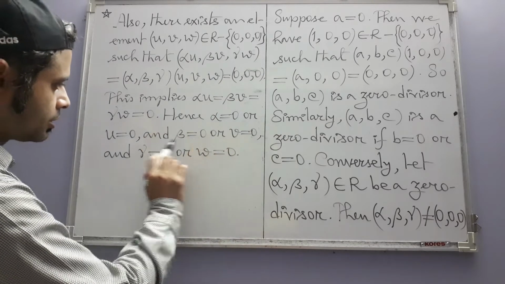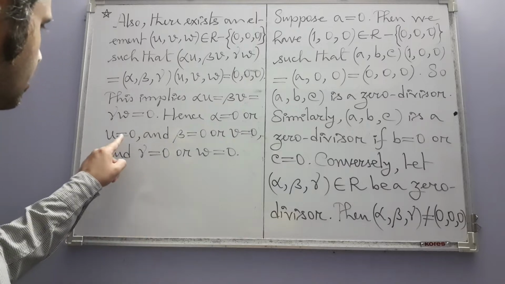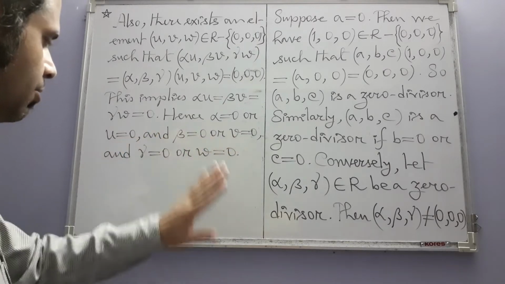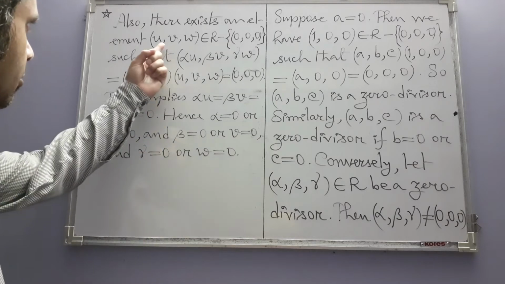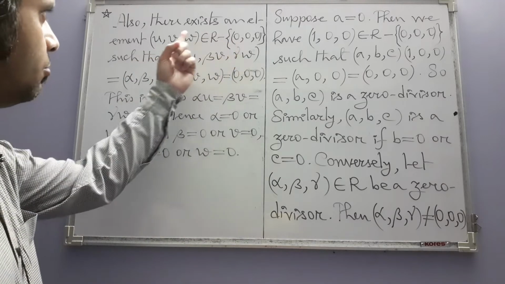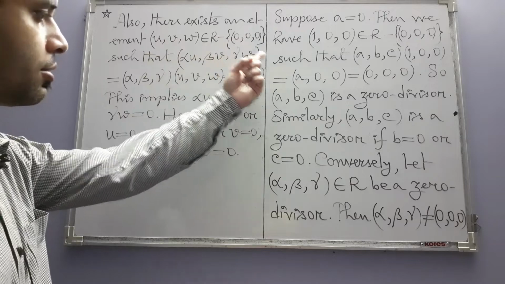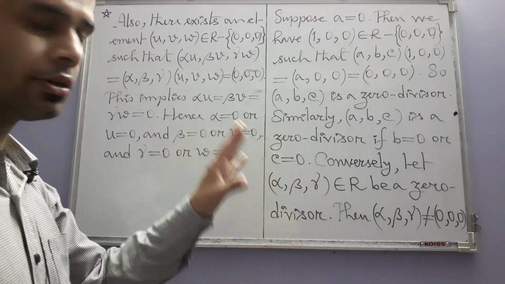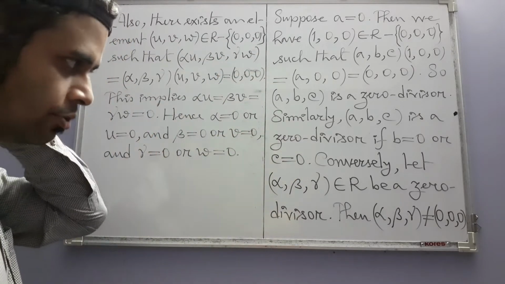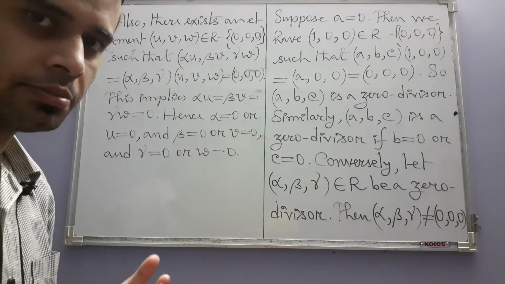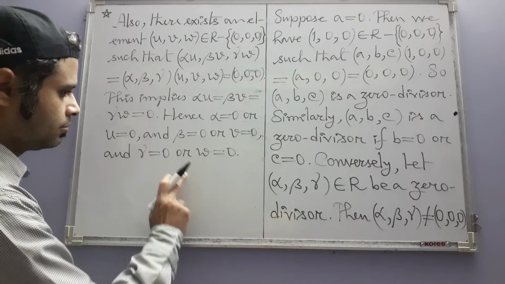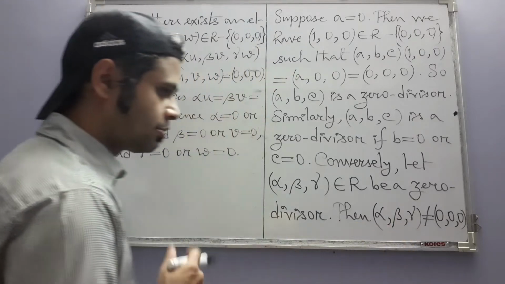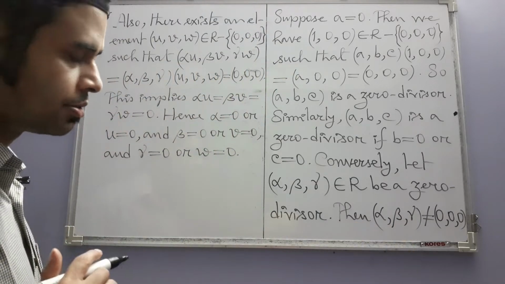Then these relations tell us that u, v and w must be equal to 0, all three of them. But that contradicts this condition, which says that this triple also, just like alpha, beta, gamma, is a non-zero triple. So u, v and w cannot simultaneously be 0, and that is why all of them cannot also be simultaneously non-zero.